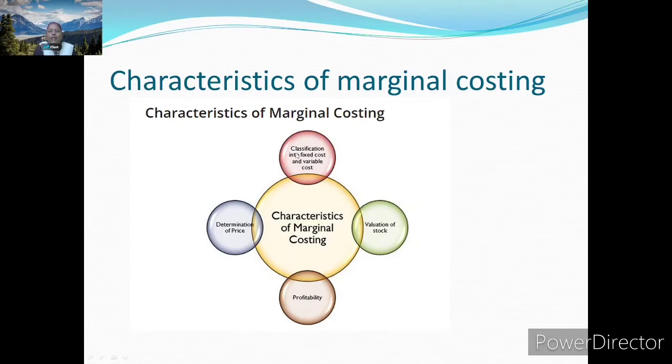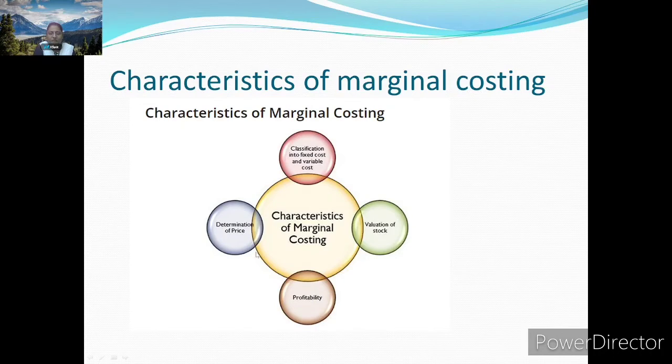The first and most important characteristic is the classification of costs into fixed and variable. Then next is the determination of the price, that is, for a particular production of a particular unit, what will be the price?